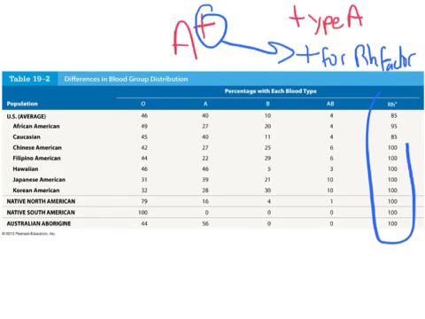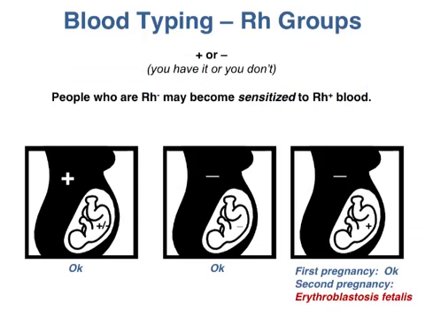You're seeing that being positive for Rh factor is actually quite common in the US population as well. So with Rh factor, it's either a positive or a negative. You either have it or you don't. If you have it, it's fine, no problem, doesn't matter.